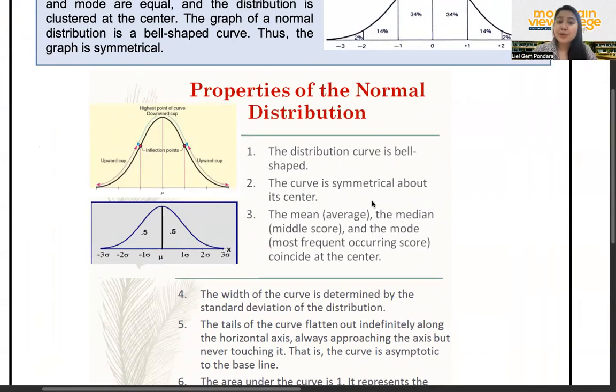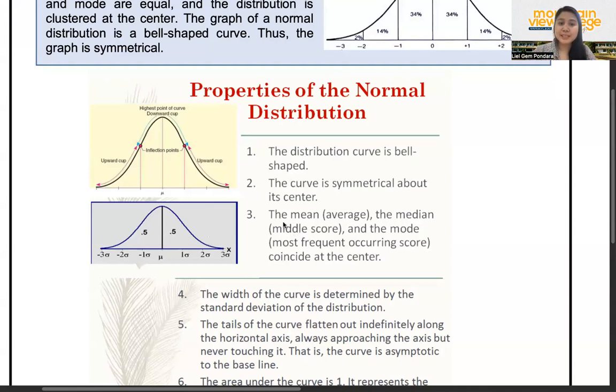Second is the curve is symmetrical about its center. If you see here, this is called mu, or we say that is zero. It means mean. Now, we have 3 to the left and 3 to the right, and it's symmetrical. If you cut it in half, the other side is the reflection of the other.